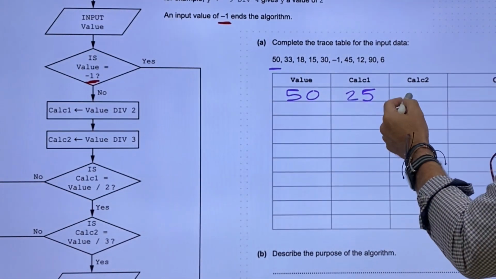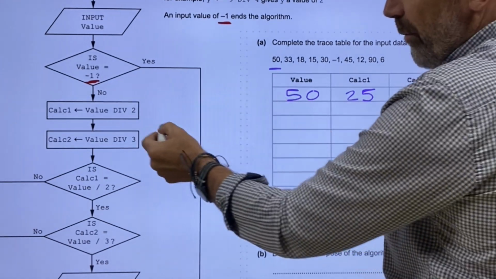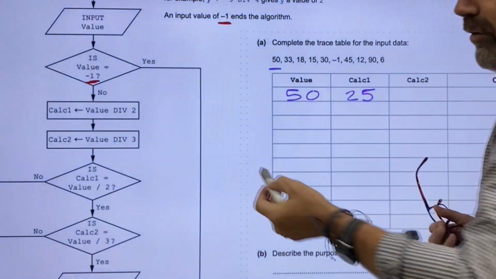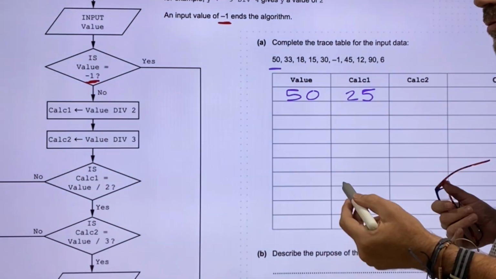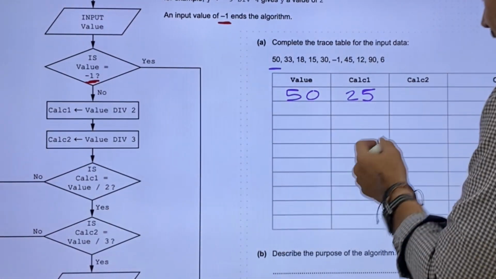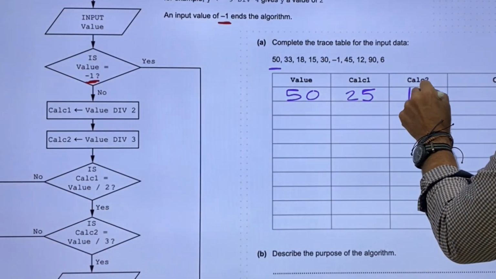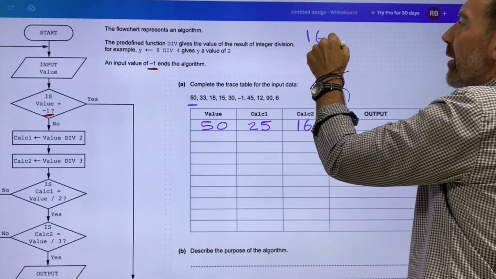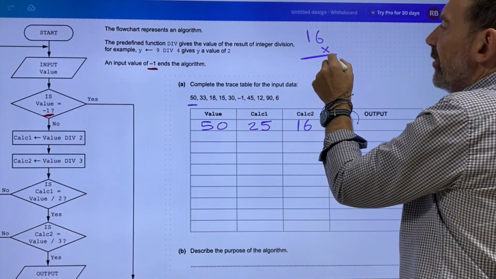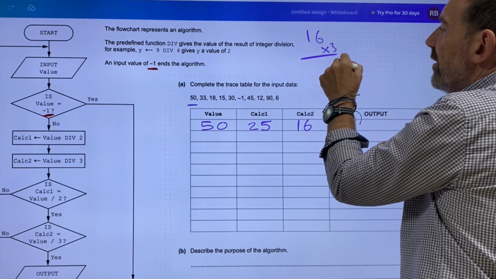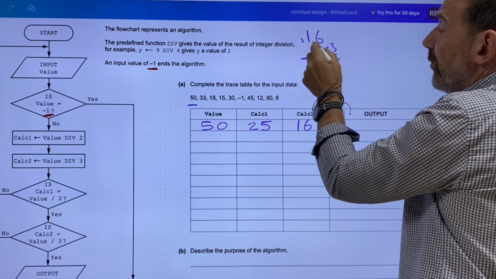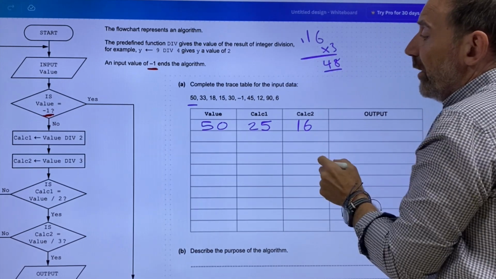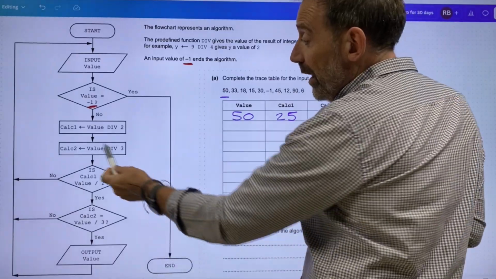Now, calc 2 is 50 divided by 3, so 16. Just check that: 16 times 3, 6 times 3 is 18, and 1, 3 ones are 3, 48. Okay, so 16. And then we move down.